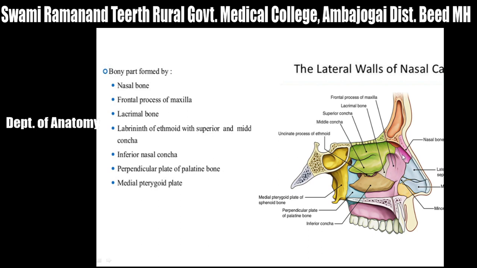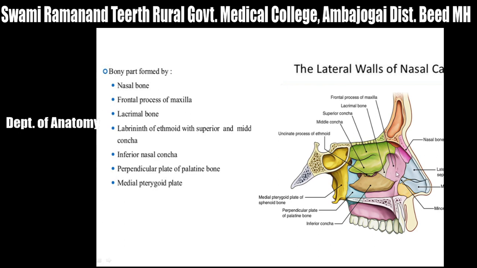Then next is the lacrimal bone, which also forms a skeleton of the lateral wall of the nose. Then this is the labyrinth of the ethmoid bone, and this labyrinth gives projections, the superior and middle concha. Then you can see there is a separate bone, the inferior concha. Then if you go posteriorly, you can see the perpendicular plate of the palatine bone, and posteriormost the medial pterygoid plate.